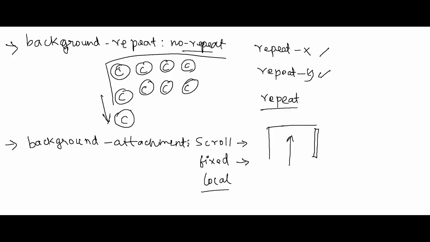When you scroll, the whole image will be scrolled. When you go with the fixed option, the background image will be fixed. The content inside the body tag will be scrolled, but the background will stay the same. Background is not like linking an image in a panel; we give background for a particular element.